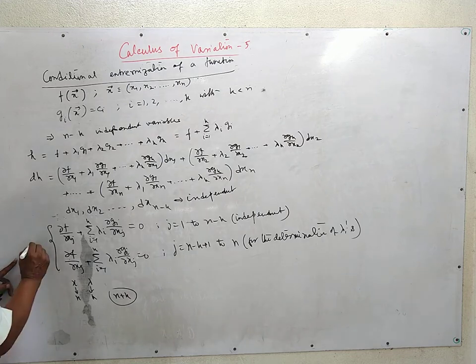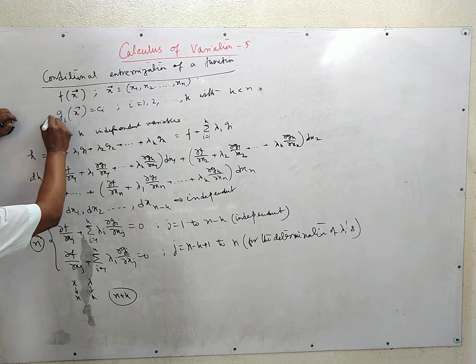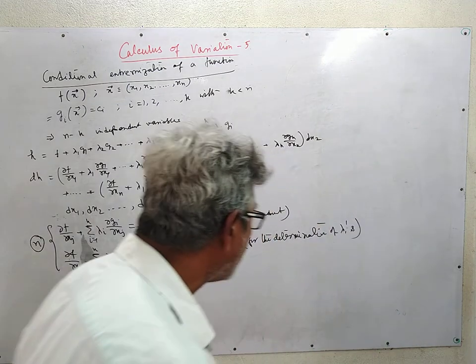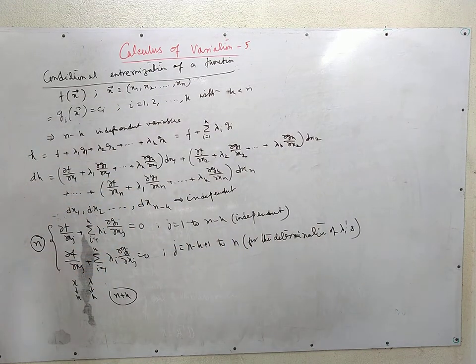There are n conditions and k constraint equations, which are also valid at the stationary points. So these n variation conditions together with k constraint equations allow us to determine the n plus k unknowns.